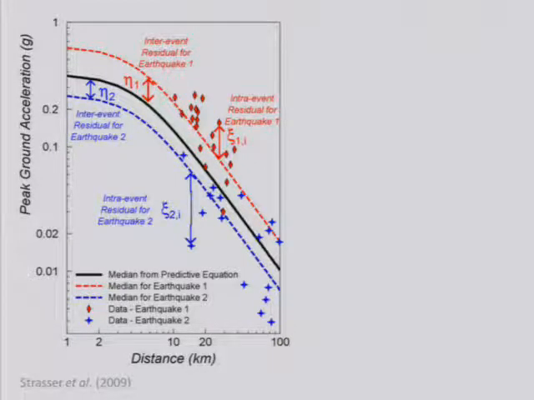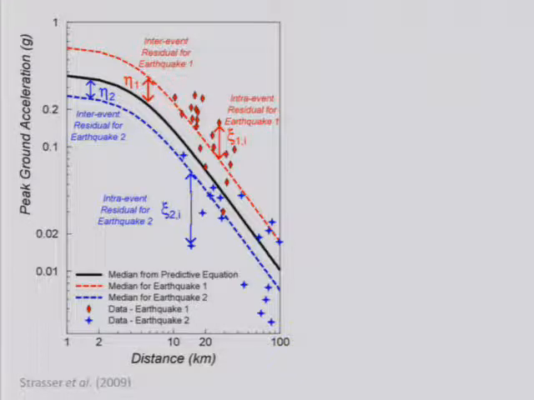I changed this slide last night so that we're all using the same terminology. We're going to talk about different types of residuals. This is the median value of an equation. The red one here is the median value if I'd only used that cluster of red diamonds, which are from a single earthquake.